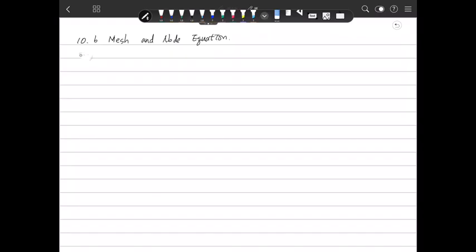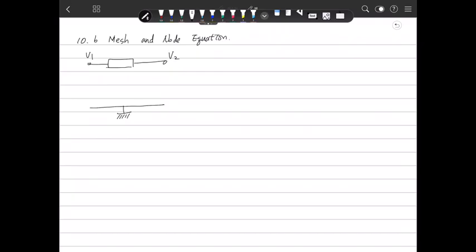Let me explain a little bit. There are some elements here, and there is the reference, and we define the node voltage V1 and node voltage V2.